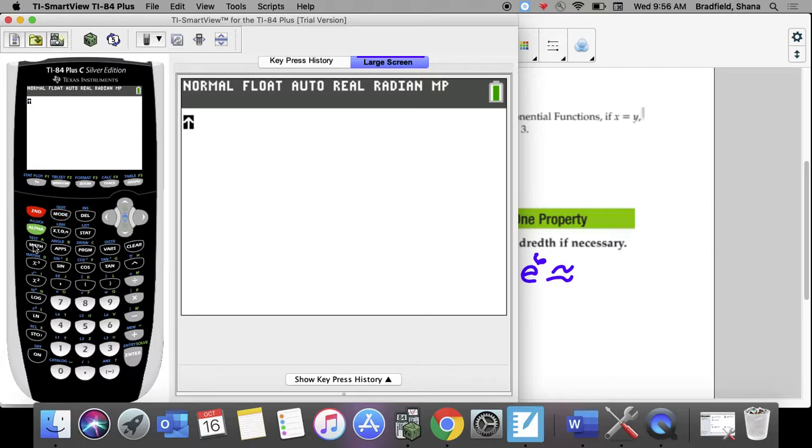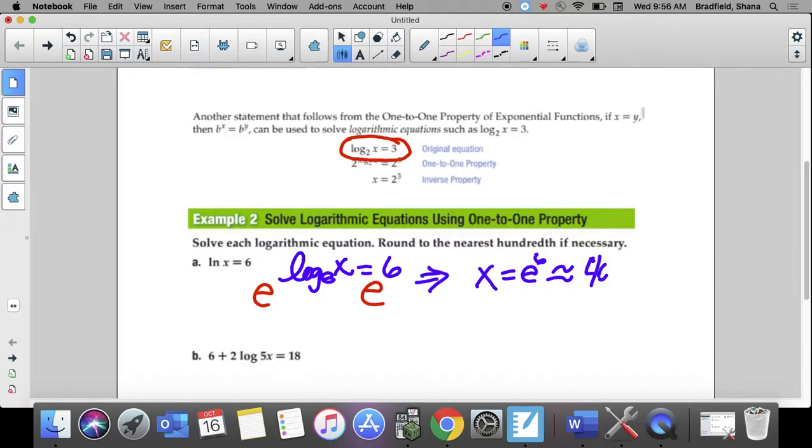And so I'm going to go e to the x and then just do a 6. And that says it's going to be about 403.43. And so there is my answer.